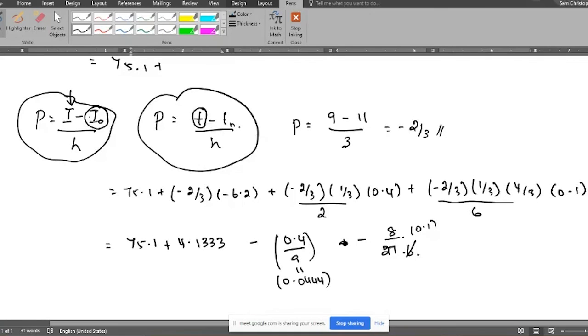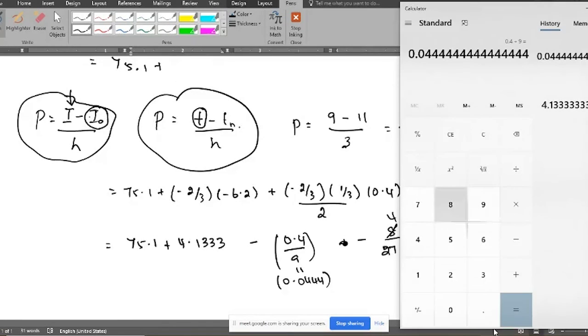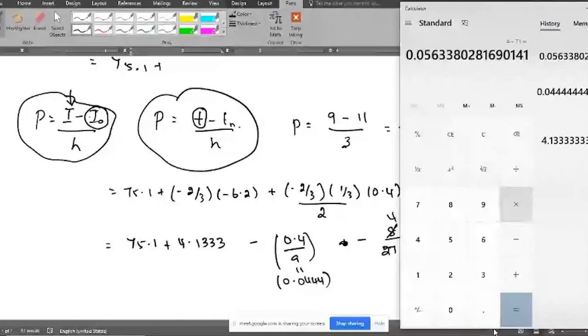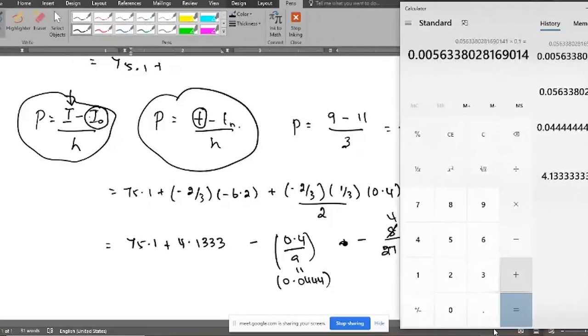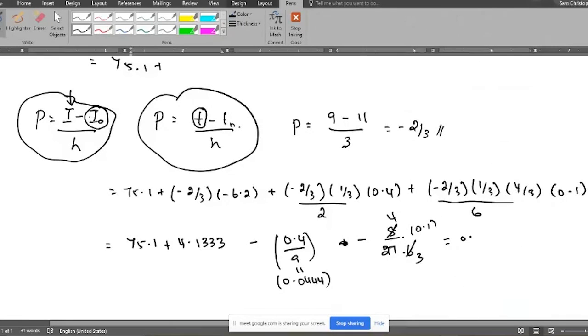So cancel the 6, 2 threes are 6, 2 fours are 8, so 4 by 27 into 0.1, which is 0.0056.